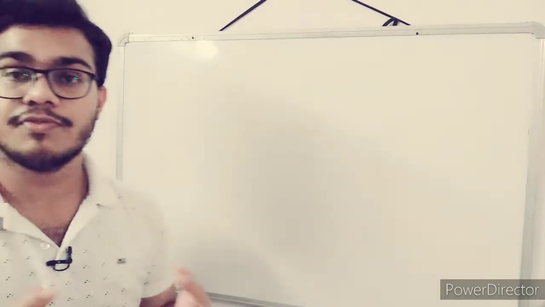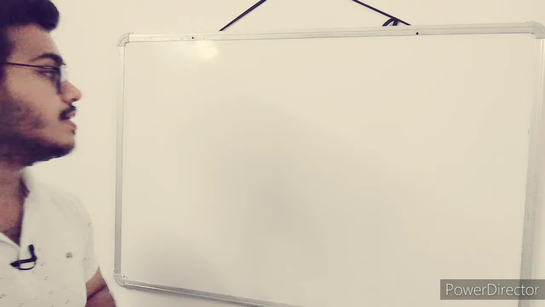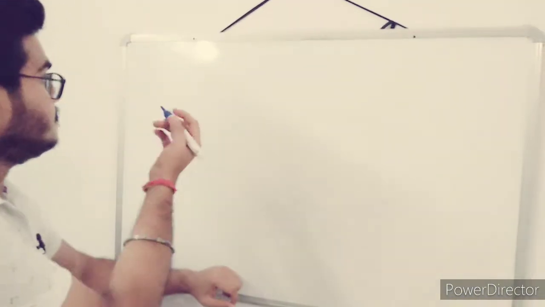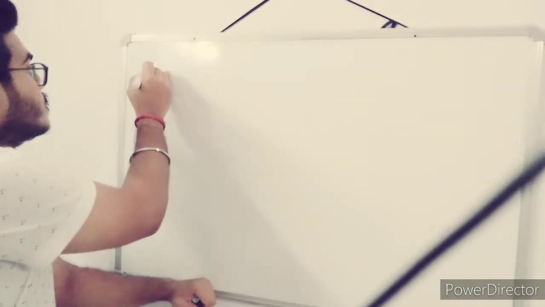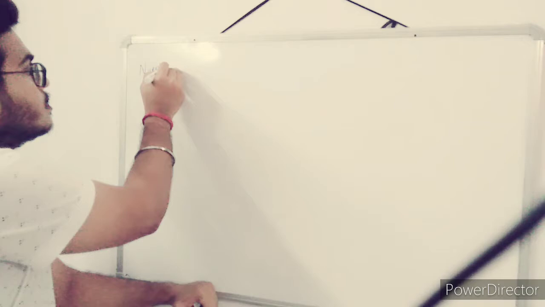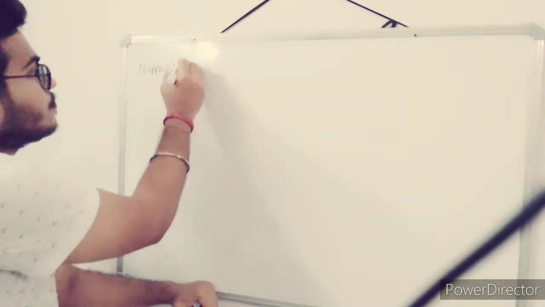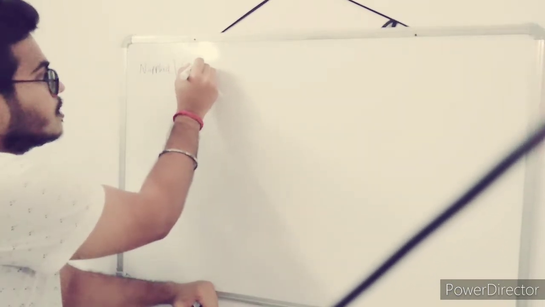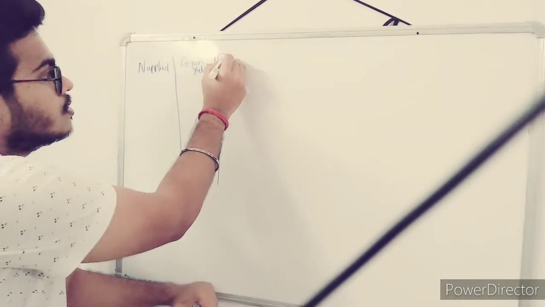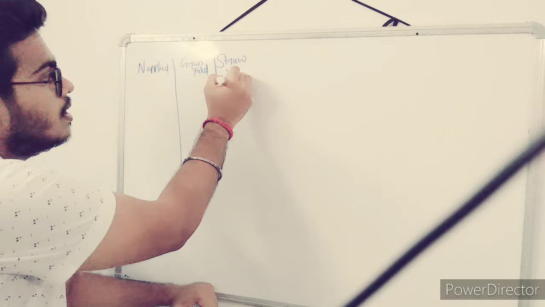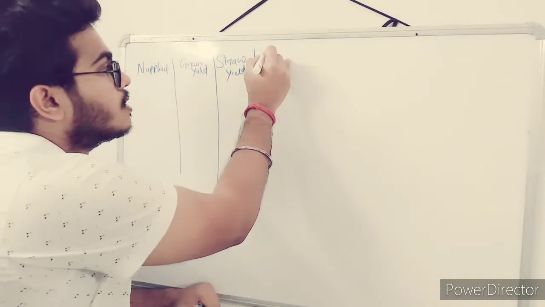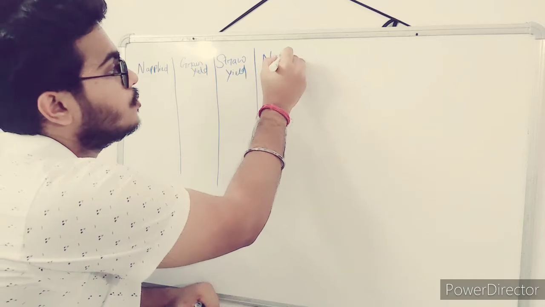Suppose you are given a question in your exams, or you have got a yield in your agriculture plot. Suppose you have applied a nutrient, and you have got a grain yield and a straw yield, and you have calculated the nitrogen or nutrient uptake.